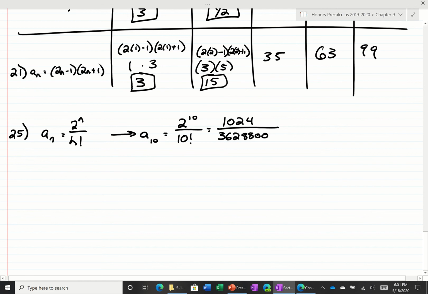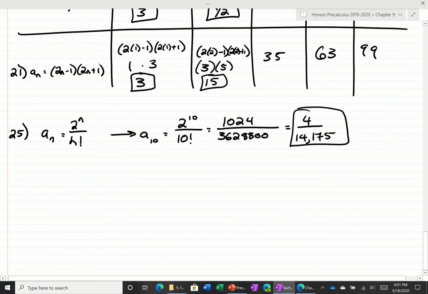If you take 1024 and divide that by 10 factorial, my calculator doesn't like that number, but this would reduce. You could keep dividing by 2. It would reduce to 4 over 14,175.